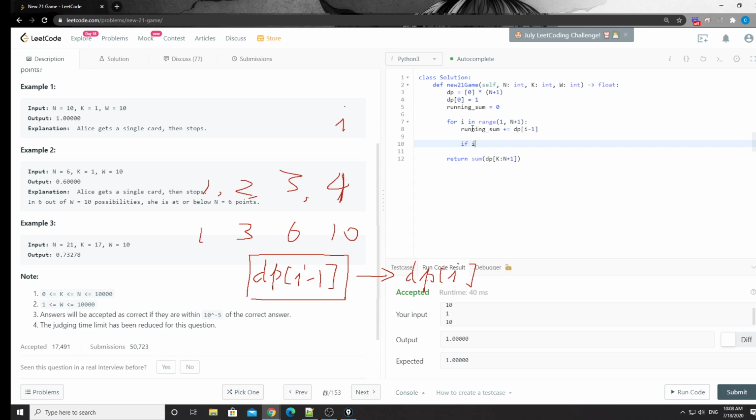Basically, if i minus 1 minus k, from i minus 1 to i minus k.